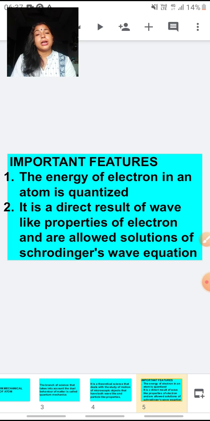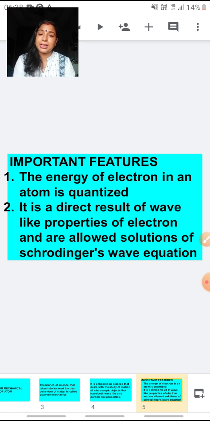See children, Schrödinger and Heisenberg gave a wave equation that told about the energy of the electron in the orbital. We will not be talking about orbits, we will be talking about orbitals only, and we will not be talking about the position of electron, we will be talking about the probability of finding the electron. Probability means the more chances there are of finding the electron.